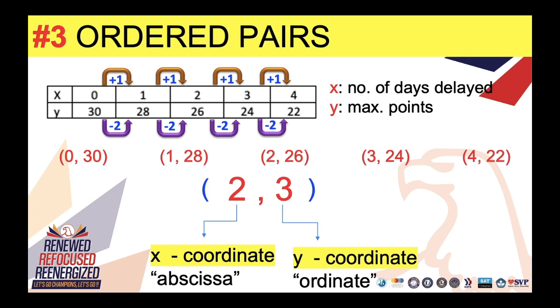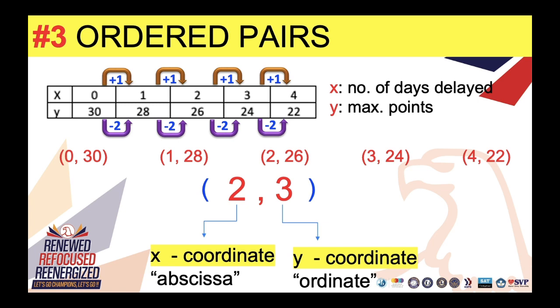Now, why do we call this an ordered pair? It's because it should come in this particular order. Your x coordinate should come first and then followed by your y coordinate, which is the second number in the ordered pair. Now it should not be interchanged, otherwise that would mean another thing.